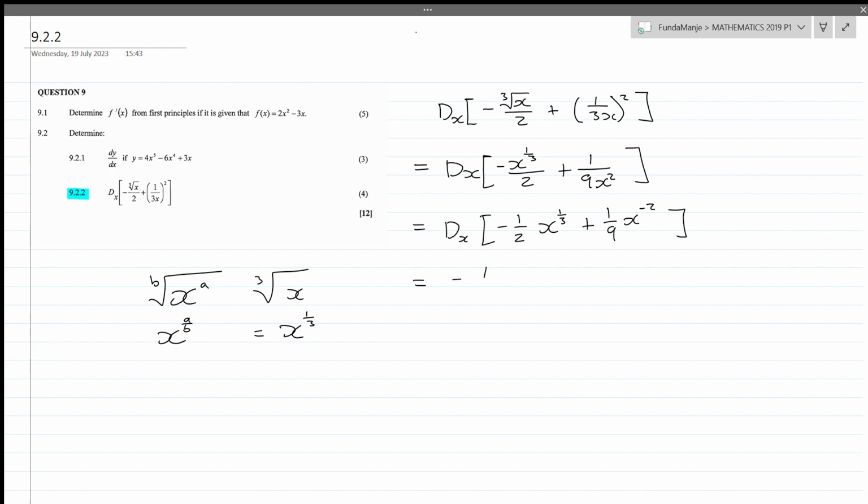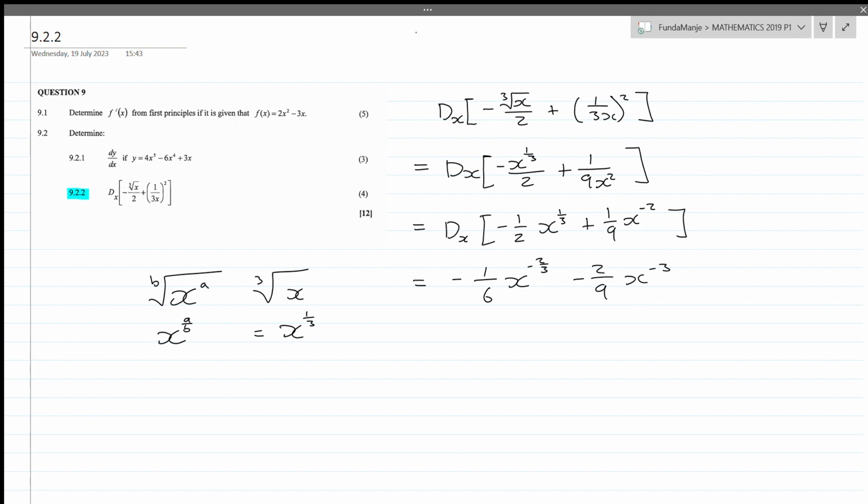I get minus 1 over 6 x to the power of 1 over 3 minus 1 gives us minus 2 over 3. Move on to the second one. 1 over 9 times negative 2 gives me negative 2 over 9. And then x to the power of minus 2. If I subtract 1, I get minus 3.